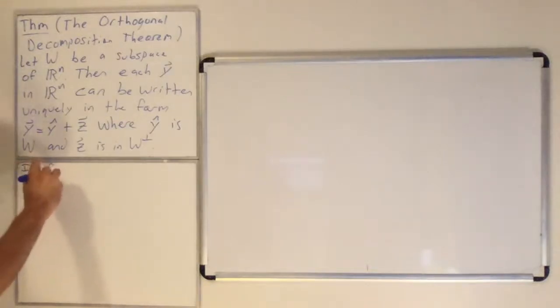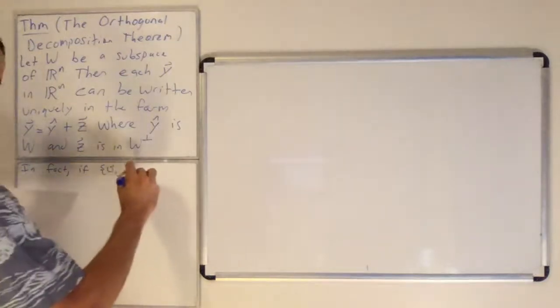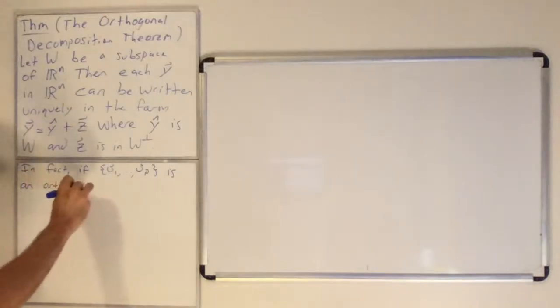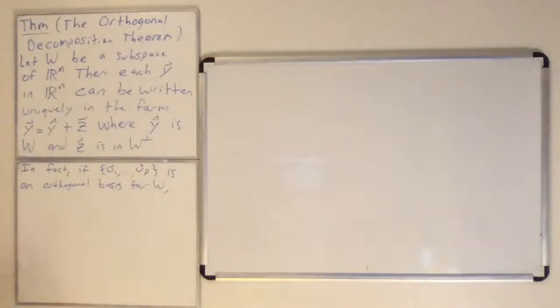In fact, if U1 through UP is an orthogonal basis for W, then the way we get y hat is just like how we got y hat in the case where W was a line.